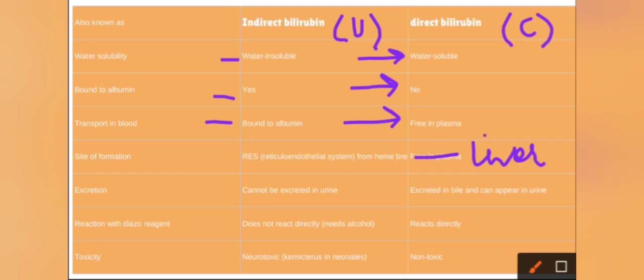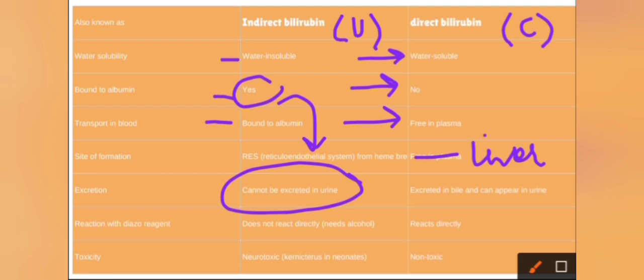Now, the kidney gets its blood supply, so for any compound to come into the kidney, it must be water soluble, as the kidney would be getting it via the blood. As indirect or unconjugated bilirubin is water insoluble, it cannot be excreted in urine. You might ask, after binding to albumin, would it appear in urine? But as we know, albumin is a large protein, and its size is such that it cannot pass the glomerular filtration membrane.